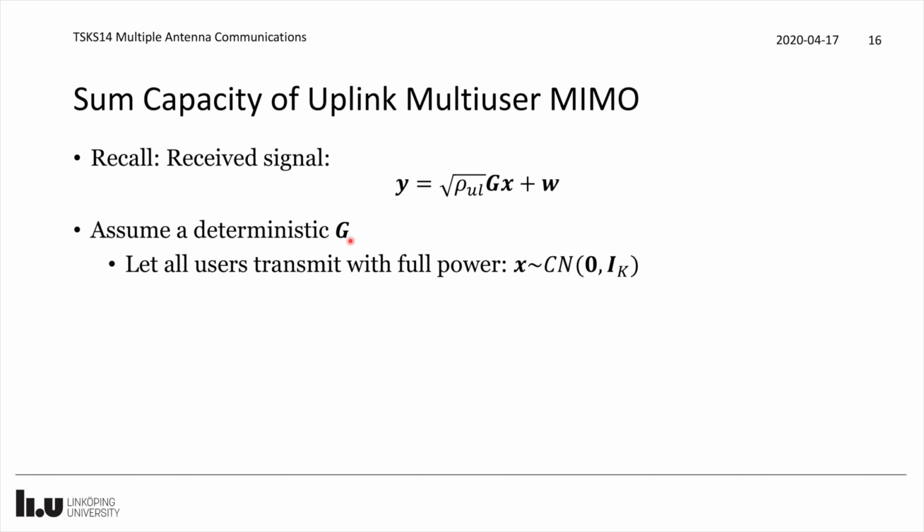And let's assume that all users are transmitting with full power. This means that the vector X is going to be complex Gaussian, and its covariance matrix is an identity matrix because all the elements in X are independent of each other and have variance 1. That was the maximum power when we have normalized our system, so rho uplink is the total power.